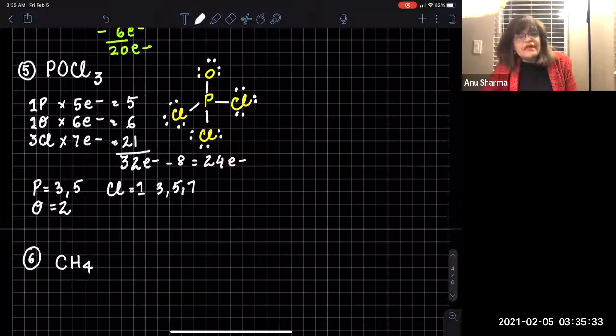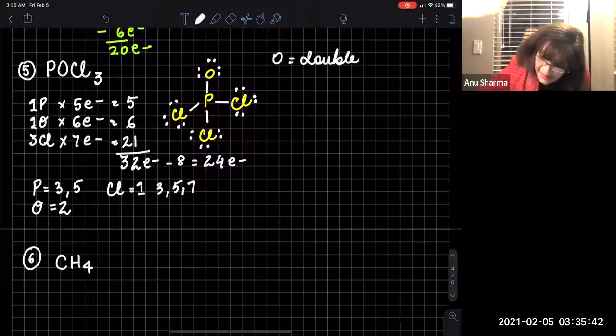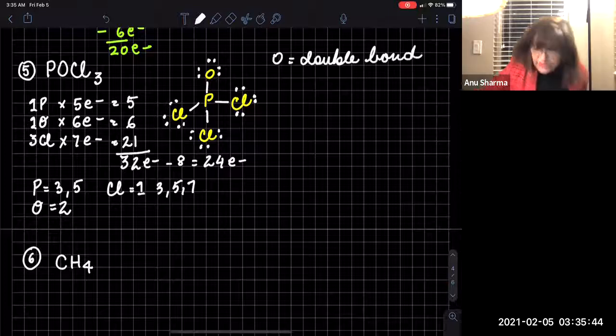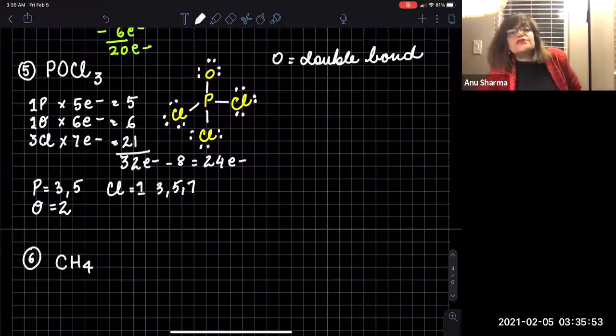So this seems kind of okay, but if you check, you're going to see that oxygen wants to make double bonds. And when you do the electronic configuration, you're going to see that phosphorus will never make 4 bonds. Phosphorus is never going to make 2 bonds. Phosphorus is always going to make 3 bonds, or it can make 5 bonds in very specialized conditions.